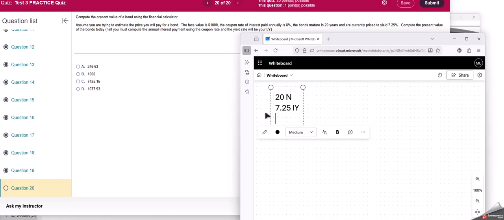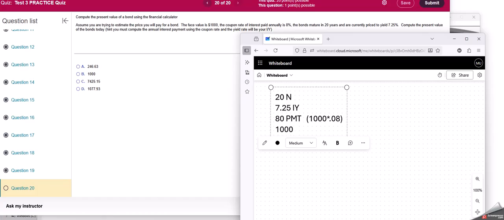So $1,000 times 8% gives us $80. And then the future value is always the par value. That's how much the company pays you back. Now notice both the payment and the future value are positive. Do not make one of those negative. When we compute the present value, it will be negative.